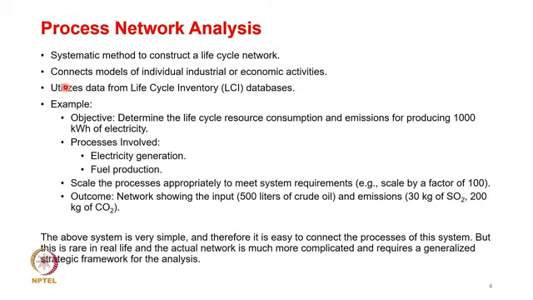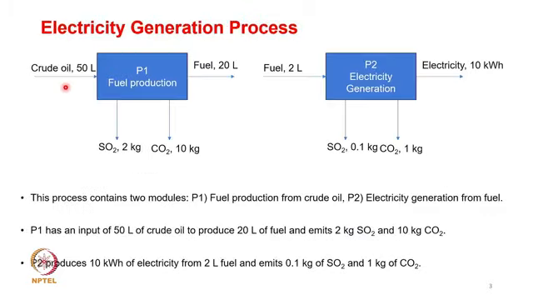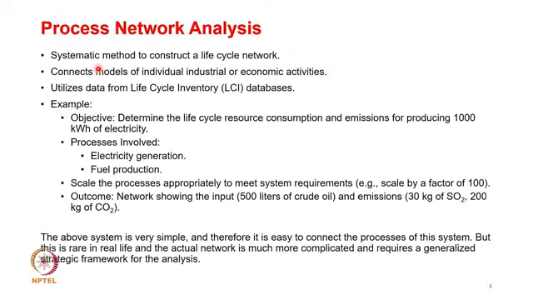Fine, and a practical implication of that is each of them will now become 10 times more, right? So your input and output are also scaled up by a factor of 10. This would result in 30 kilogram of SO2 and 200 kilogram of CO2.